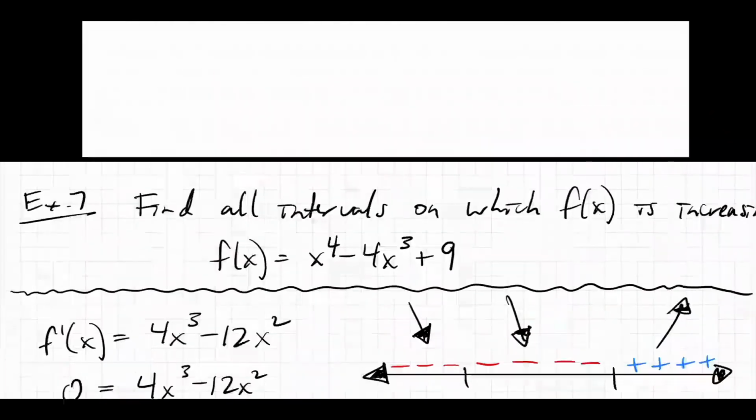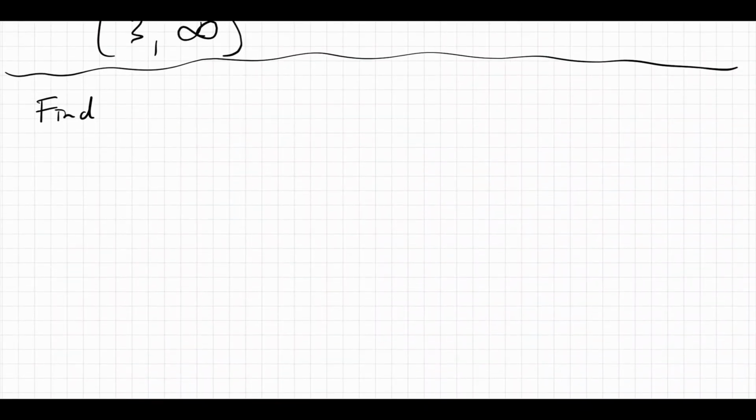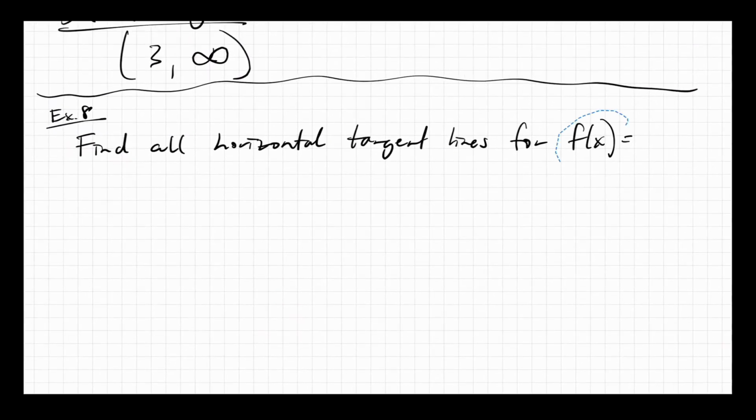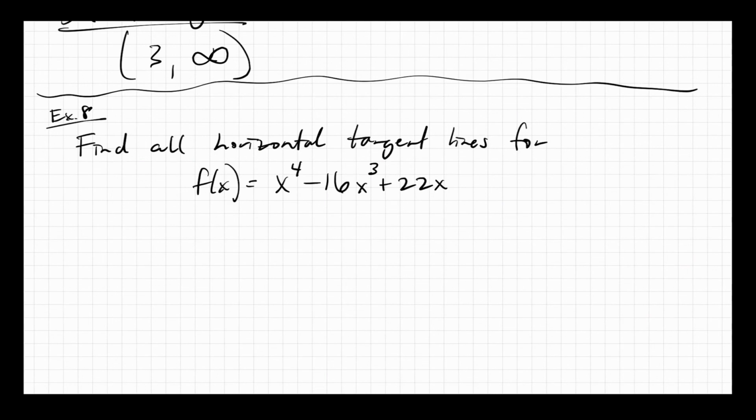This is example number 8. Find all horizontal tangent lines for x to the 4th minus 16x cubed plus 22x squared minus 8.